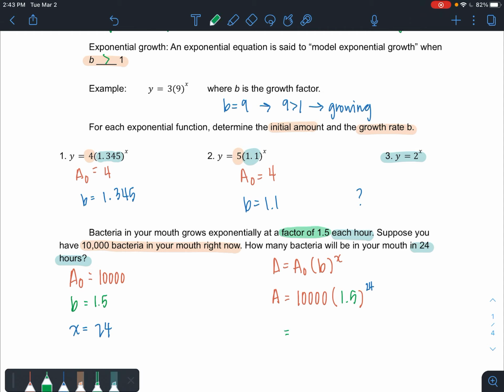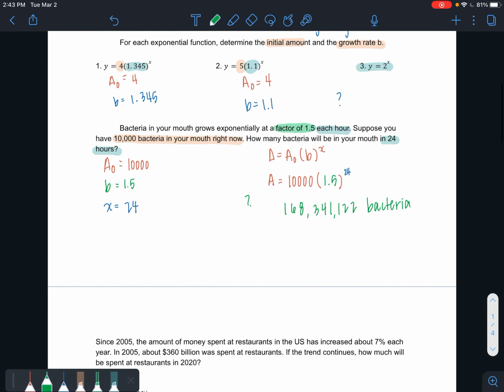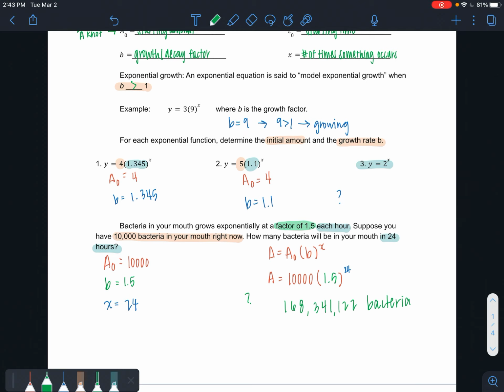Type that into your calculator, and you should get what? What should you get? I'm going to make you type that in there. All right, so you should get 168,341,122 bacteria. Okay, and we are going to pause.